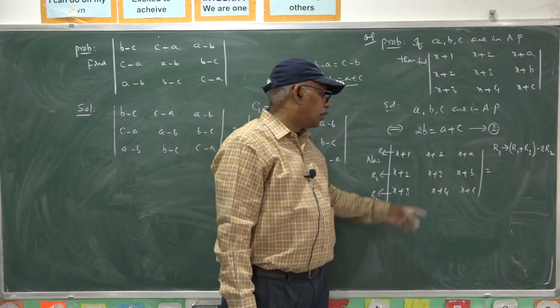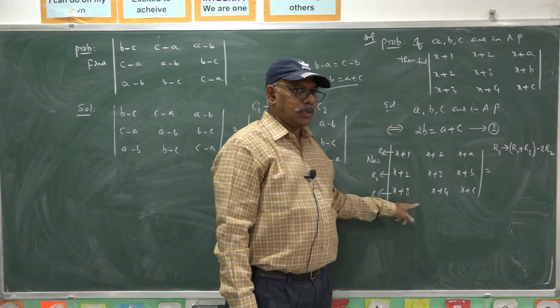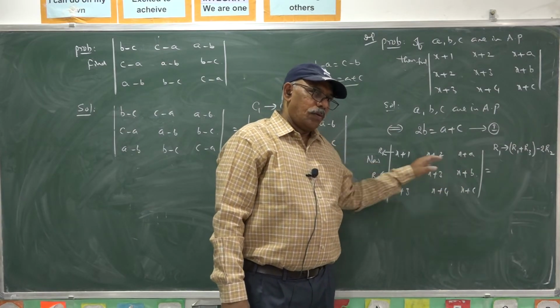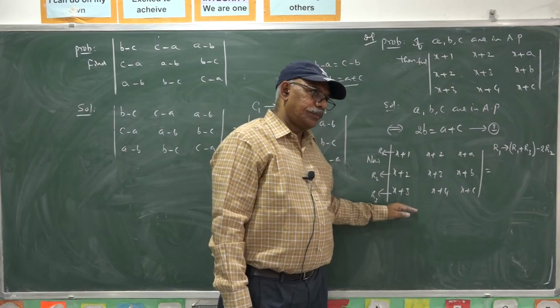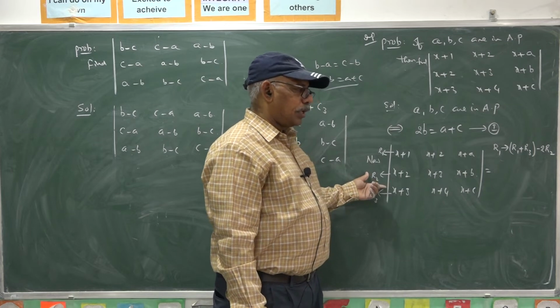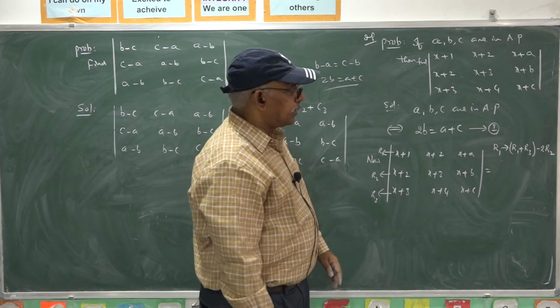Add the corresponding elements of the first row and third row, and subtract the second row elements multiplied by 2 from that summation.